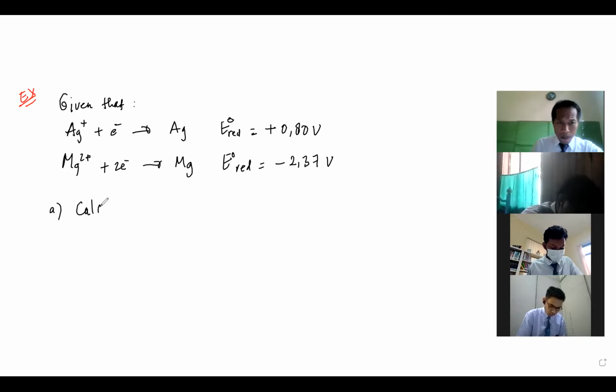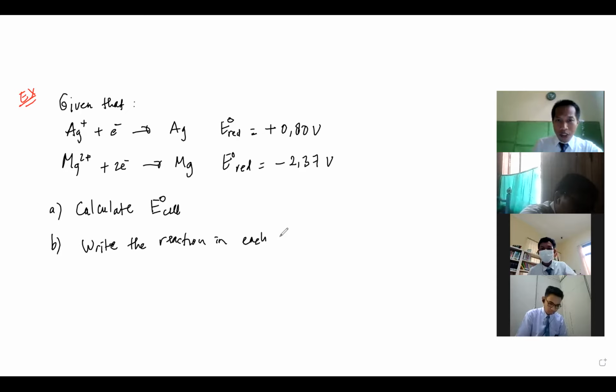Calculate E0 cell if these two substances become a Voltaic cell. B. Write the reaction in each electrode.